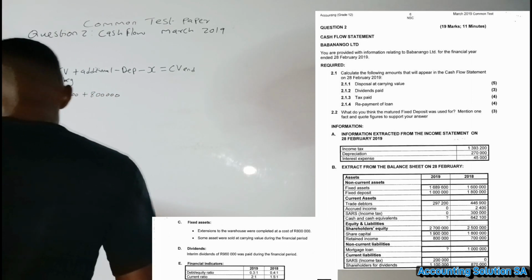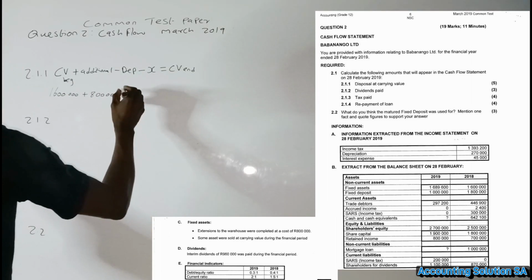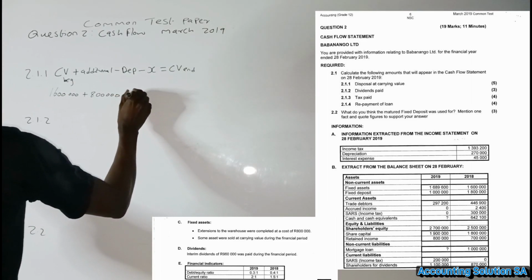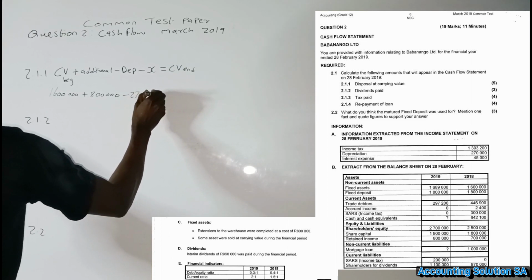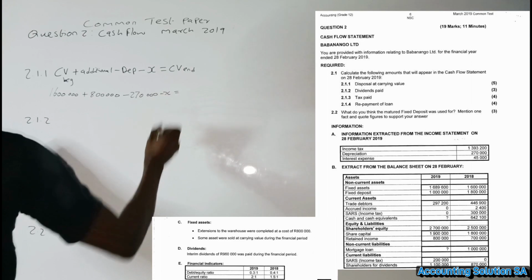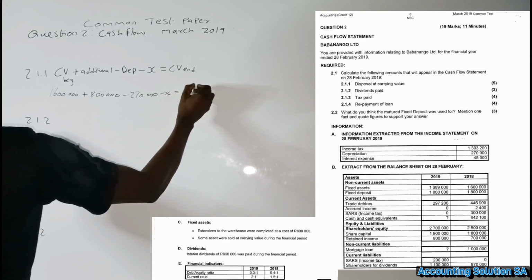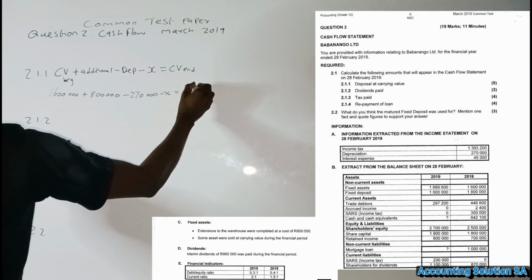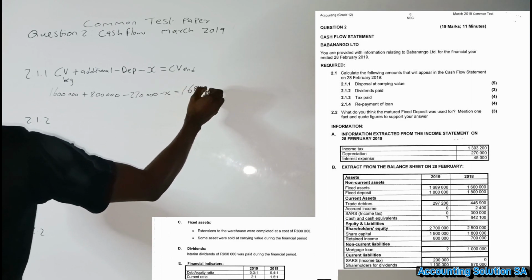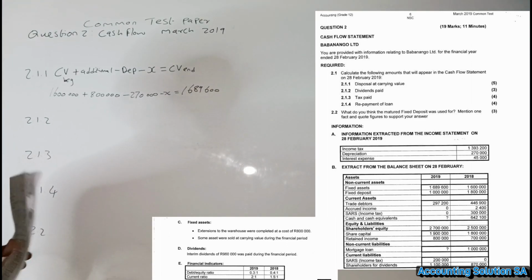Then we check depreciation under the income statement, which is 270, minus 270. Then minus X, which is going to give us the balance at the end of 1,689,600. So this is the formula that you apply.